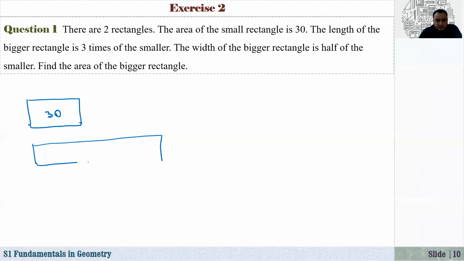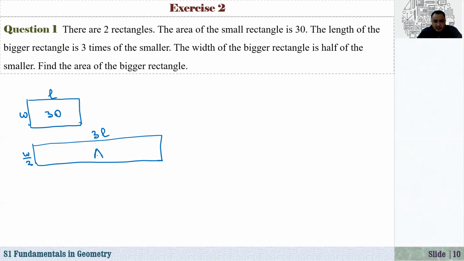Let's say it's not drawn to scale. So we're talking about this rectangle. Let's say this width is W, and the length is L. And how about the bigger rectangle? That is 3L, and width is W over 2, right? The question is, what is the area of the bigger rectangle?